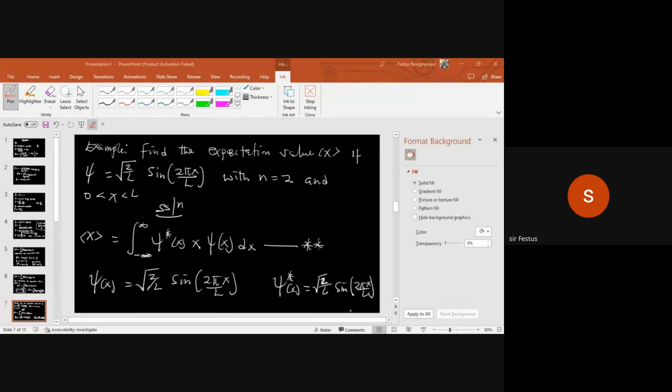Okay, so let's plug in psi and psi conjugate into the function.